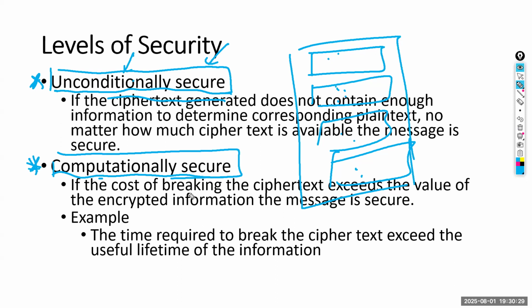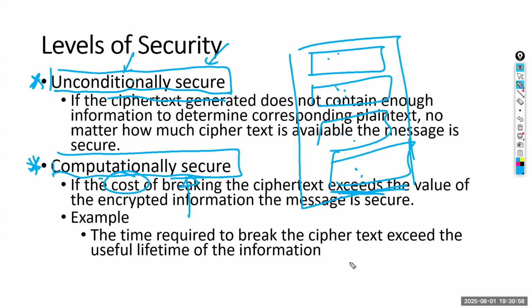Computationally secure means the cost of breaking the ciphertext exceeds the value of the encrypted information. When we say cost, it includes both money and time. Remember, there's a statement that time is money. So your cost means both time and money.